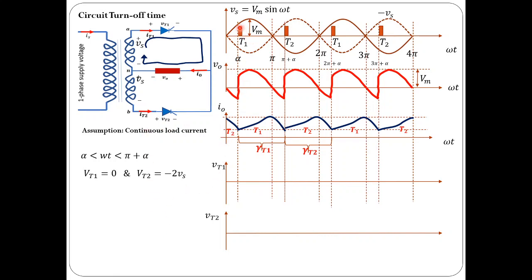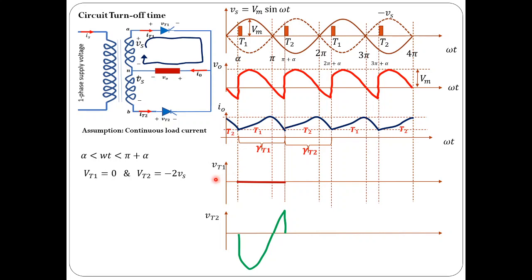We know this is 2Vs and this is minus 2Vs, so this is minus Vs, shown with the dotted line. So during this period VT1 is equal to 0, shown this way, and VT2 is equal to minus 2Vs, which is double the curve shown with the dotted line during the period omega t ranging from alpha to pi plus alpha.